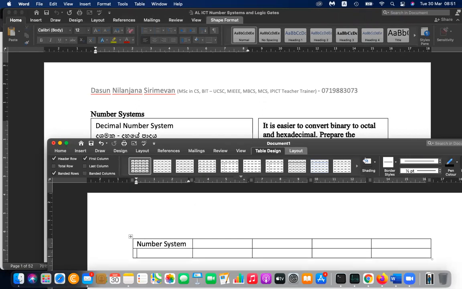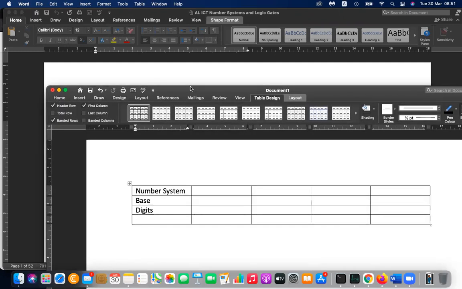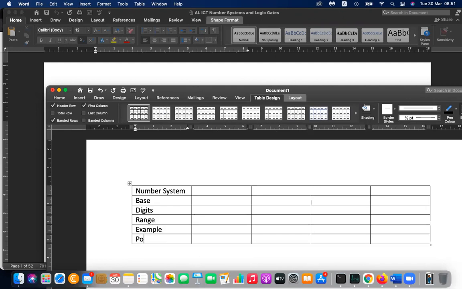The second indicates the base. The third is digits, the fourth is range, the fifth is example, and the sixth is positional values.